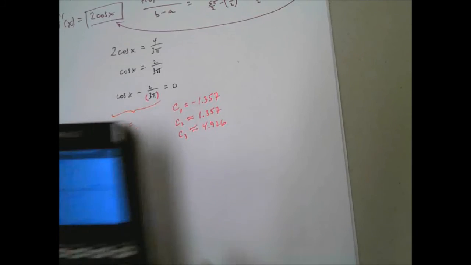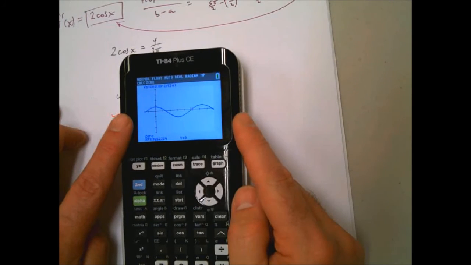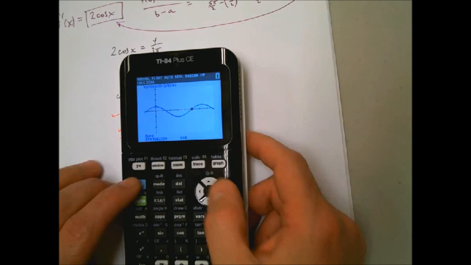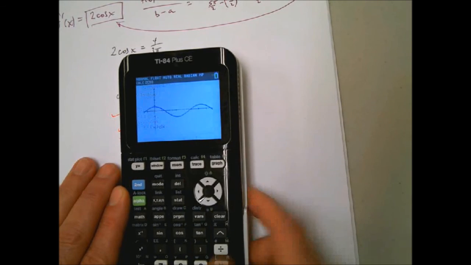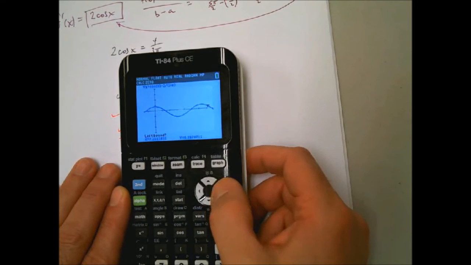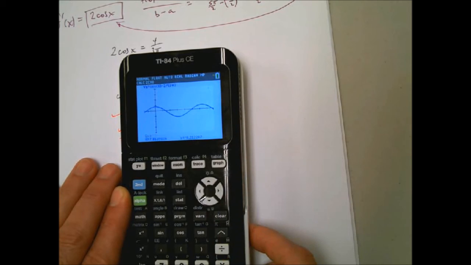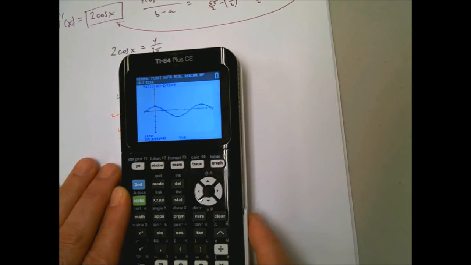And finally, the last one that's in that open interval from negative pi over 2 to 5 pi over 2, .640.